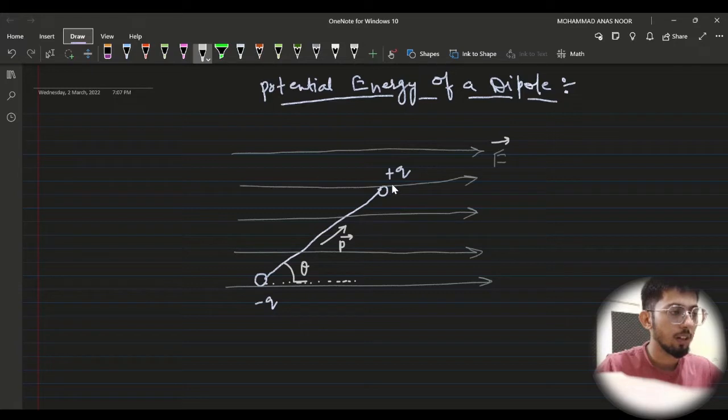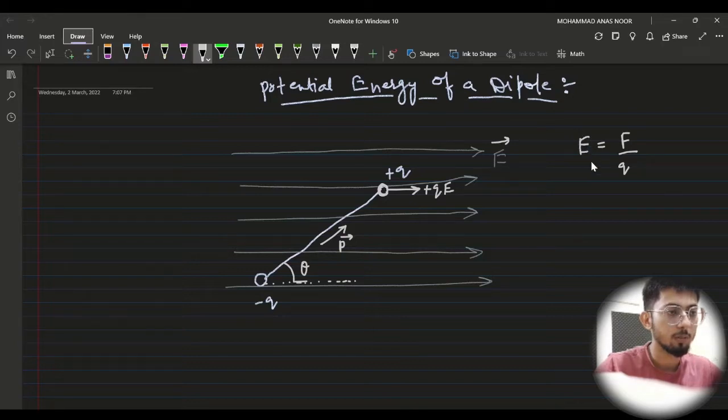Now, can you tell me what would be the force on this charge due to the electric field E? Q into E on this side. It will be dragged along the direction of electric field with the force plus QE, because E is force divided by charge, isn't it?